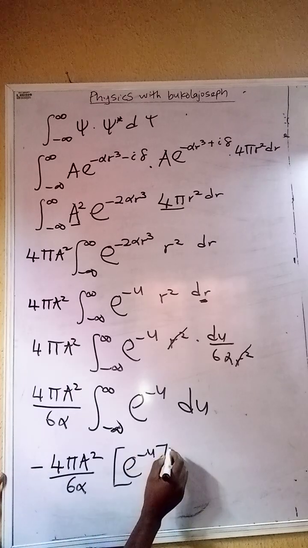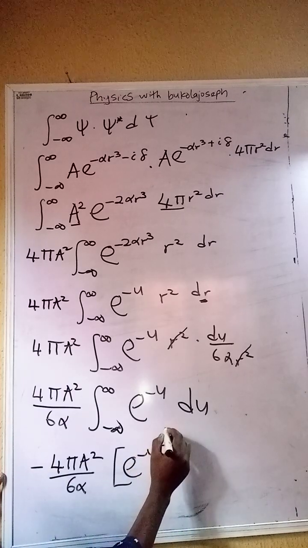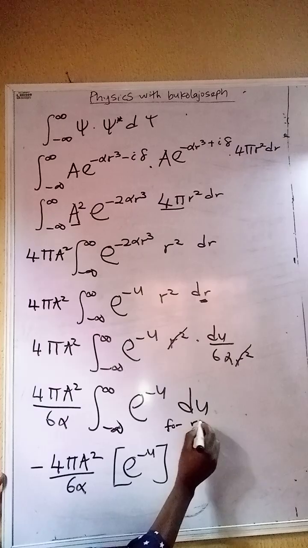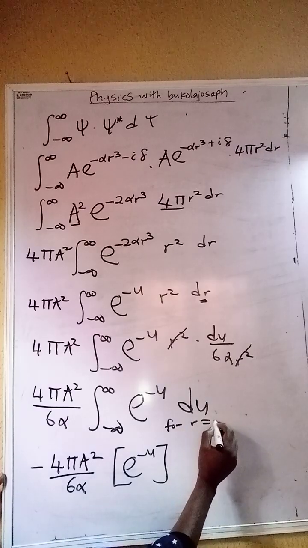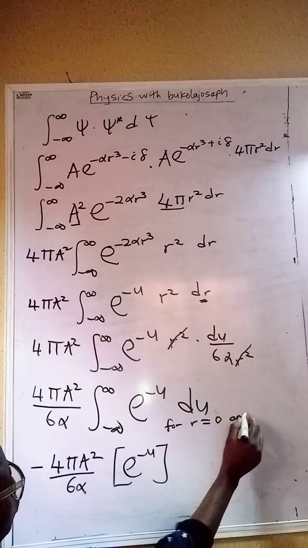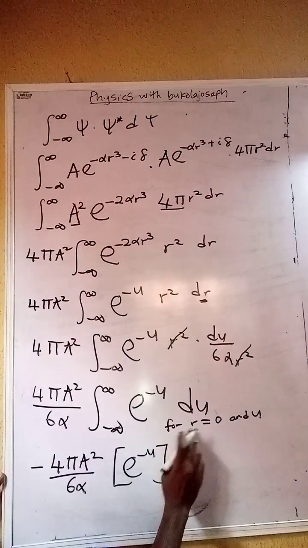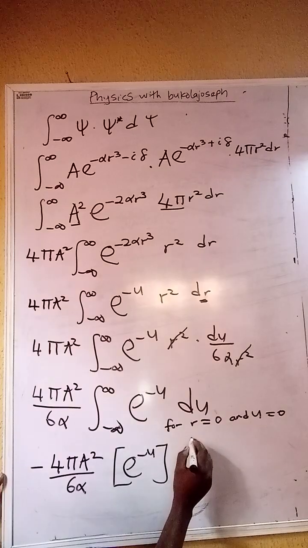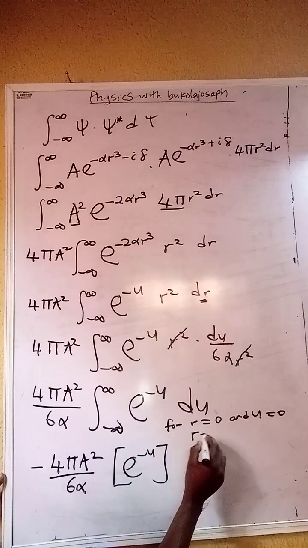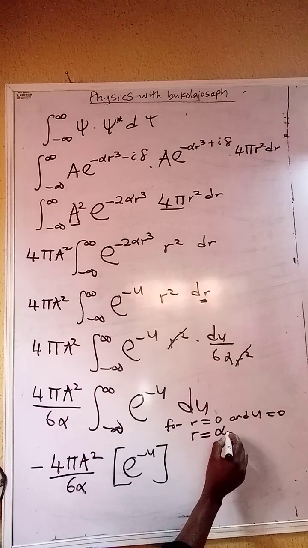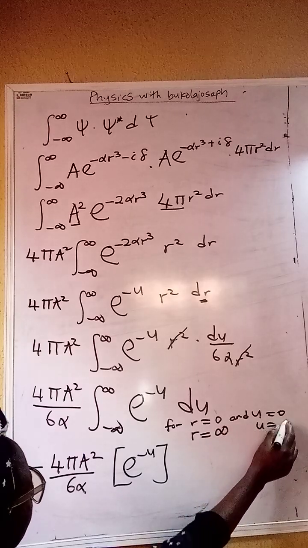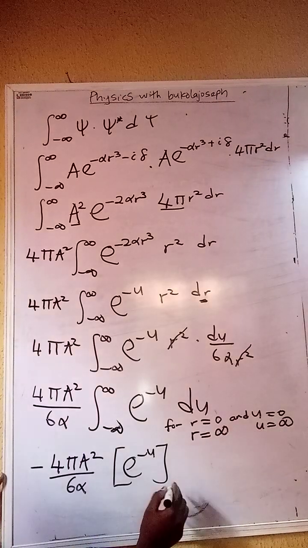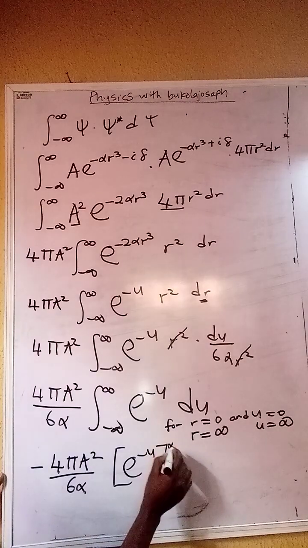Okay, so for r equal to 0 and u equal to 0, that means when r is equal to 0 and when u is equal to 0, we have r, and when r is equal to infinity and u is equal to infinity, for this condition, so we have 0 to infinity.